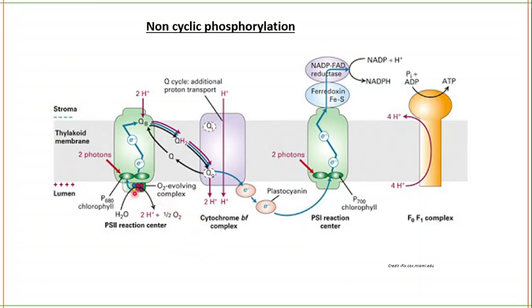Fine. After the oxygen evolving complex, it transfers electrons to P680, but it does not send electrons directly. Manganese in the oxygen evolving complex does not send electrons directly to P680. First, electrons move to the D1 protein. It has a tyrosine residue.